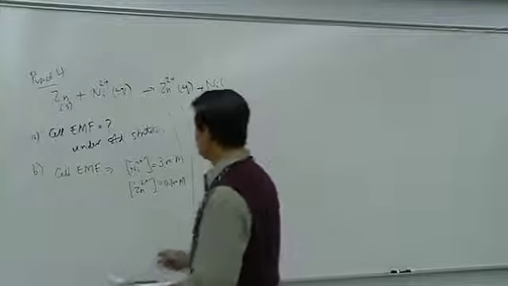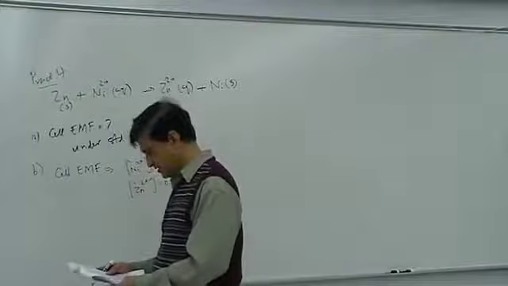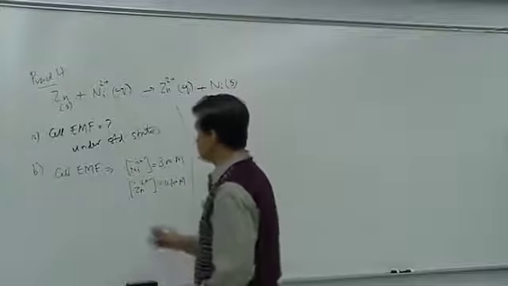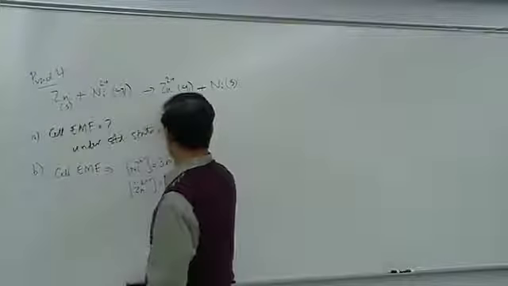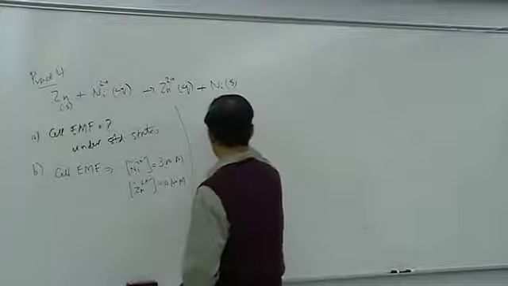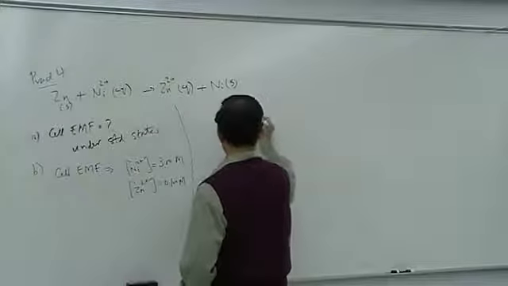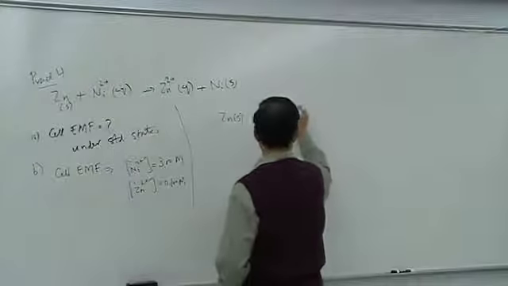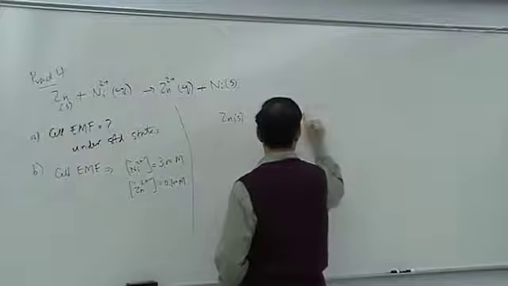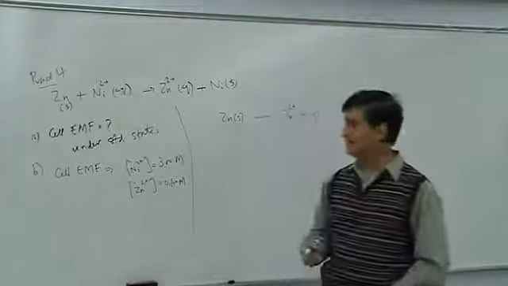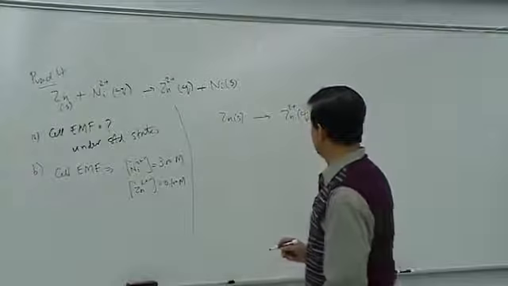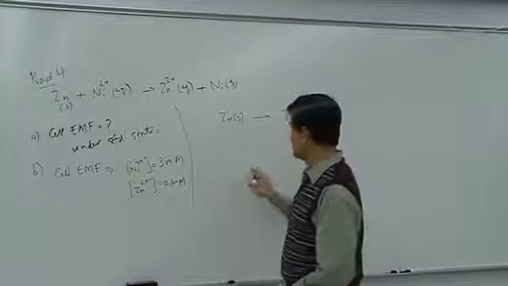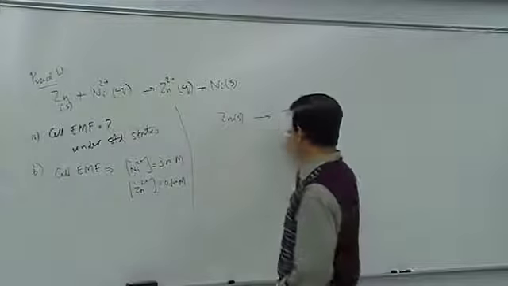First, you need to split this reaction into two halves. I think that's something we need to do based on similarity. Zinc 2 plus, so that would make one half reaction. In balancing this kind of reaction, you first balance elements other than hydrogen and oxygen. So in this case, zinc.